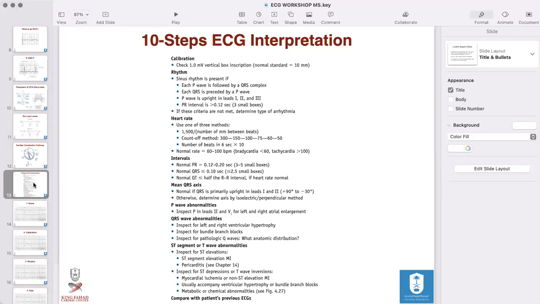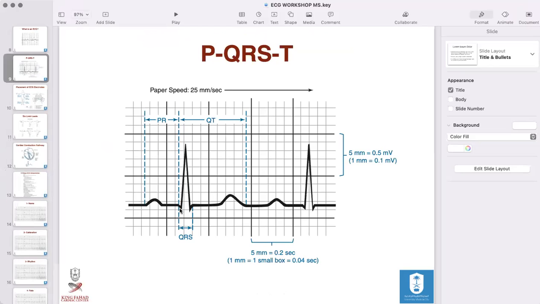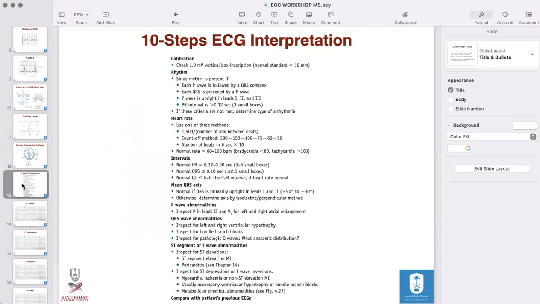After that, you look at the QT interval, where you measure from the beginning of the QRS to the end of the T wave, and you take that number, but you still need to calculate the corrected QT. In that you adjust it based on the heart rate, and the number depends on a lot of factors, like whether the patient is male or female.